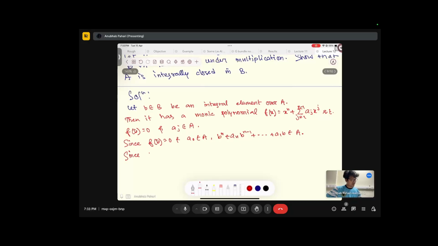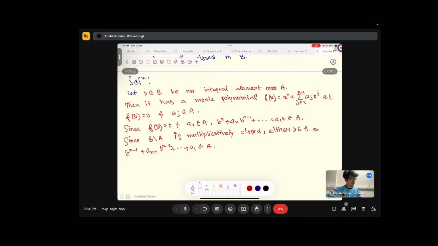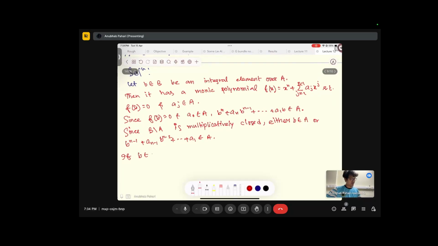Since B minus A is multiplicatively closed, either small b belongs to A or b to the power n minus 2, plus a1, belongs to A. If b belongs to A, then we are done.